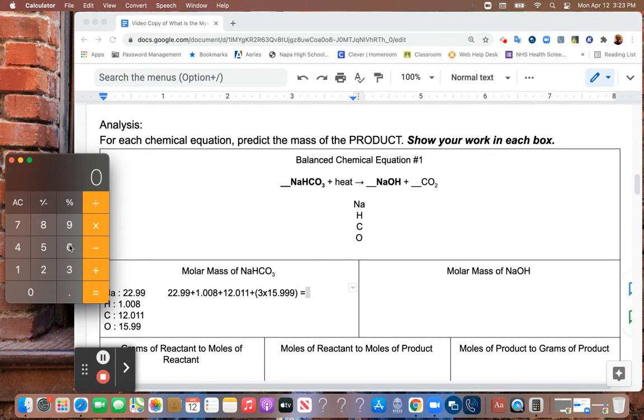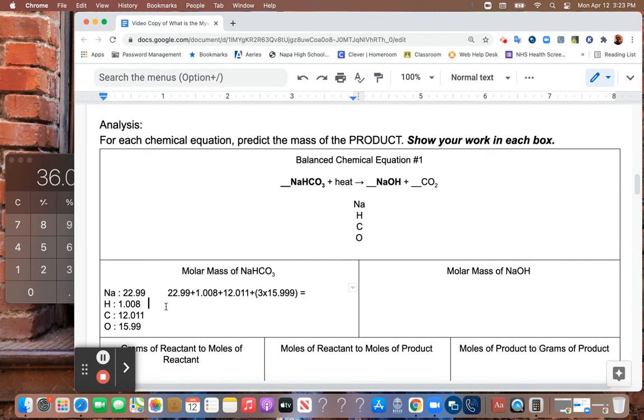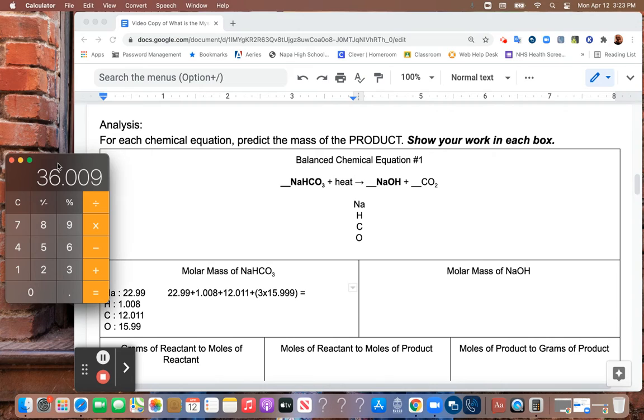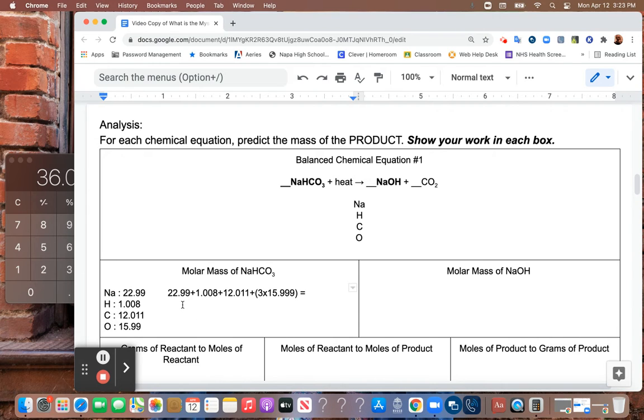So I get out my handy-dandy calculator, and I'm just going to type this in really fast. 22.99 plus 1.008 plus 12.011. That equals, I'm just going to make a note here, 36.009.